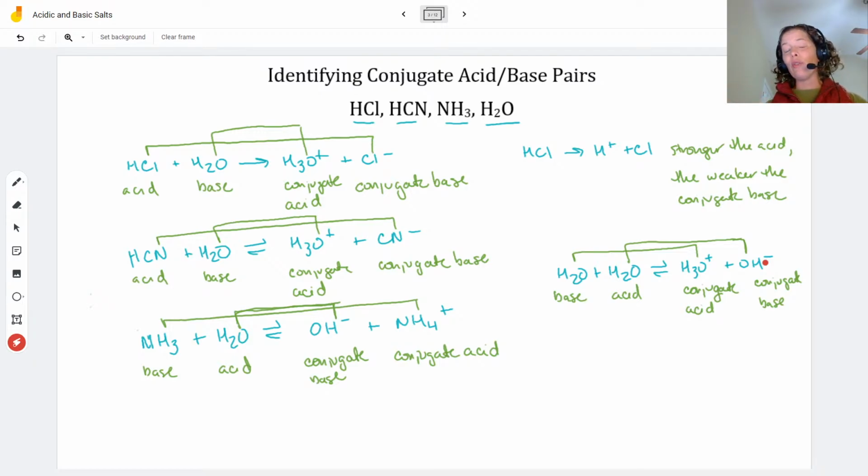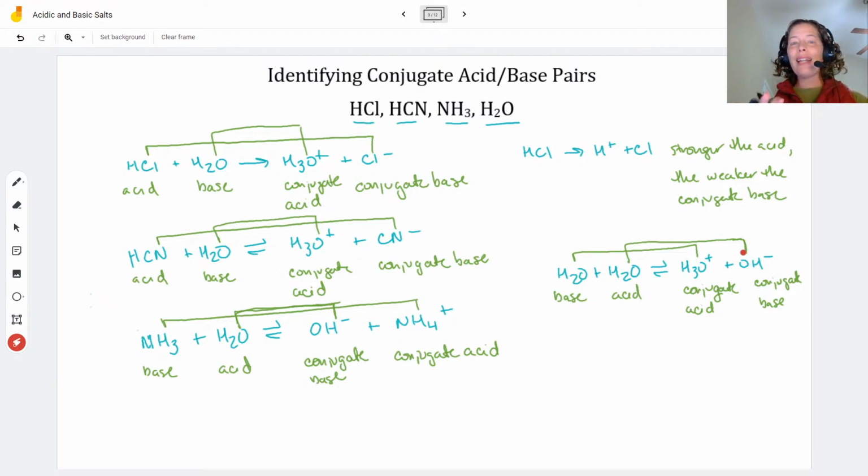And in aqueous solutions, it's very difficult to compare the two to say which one is stronger. You have to go to another solvent to actually figure out which one is stronger. That brings in the leveling effect, which we are not going to get into right now. But just to say, your conjugate acid and your conjugate base here, those are your strongest acids and bases in water. And of course, this is what we use to calculate our pH and our pOH.